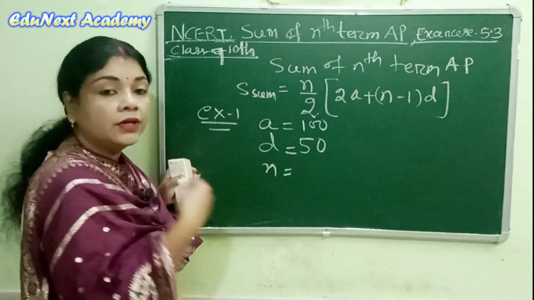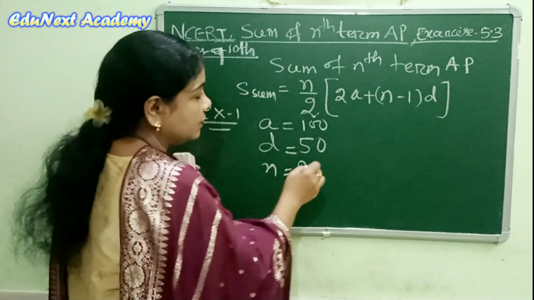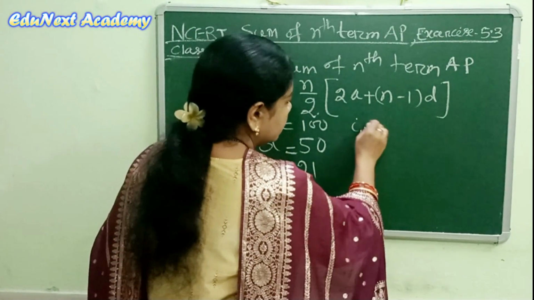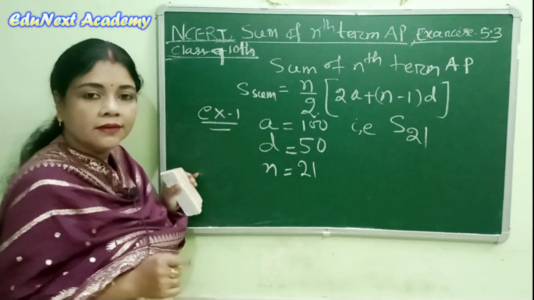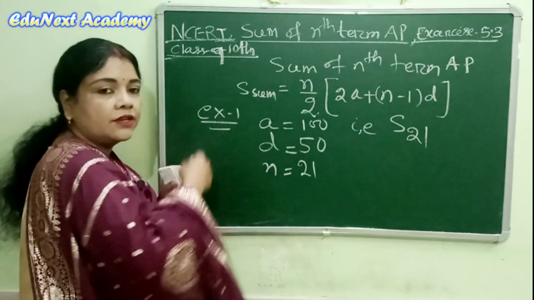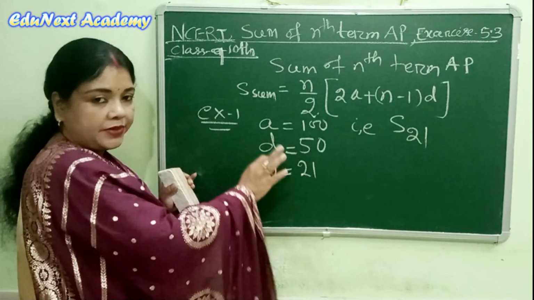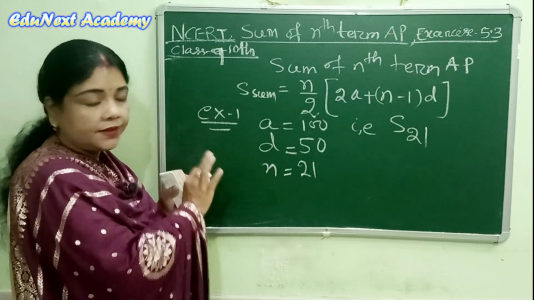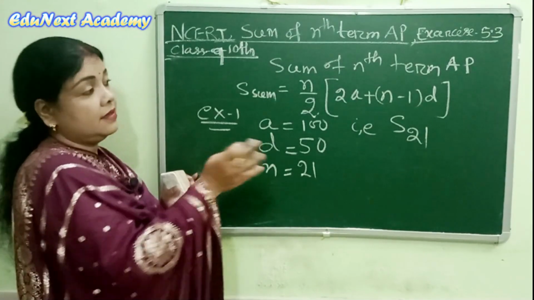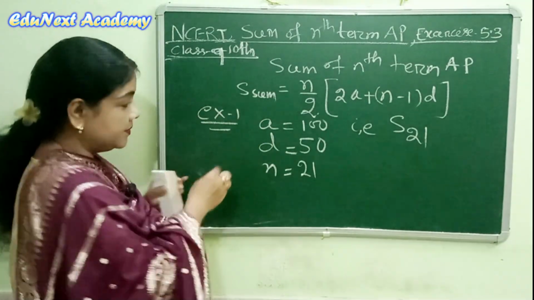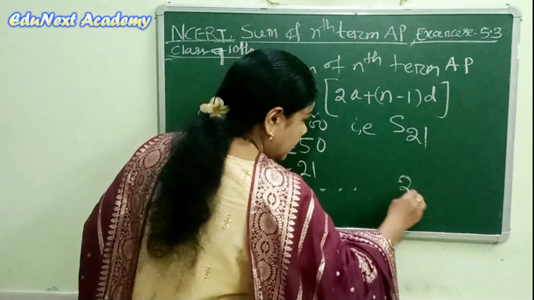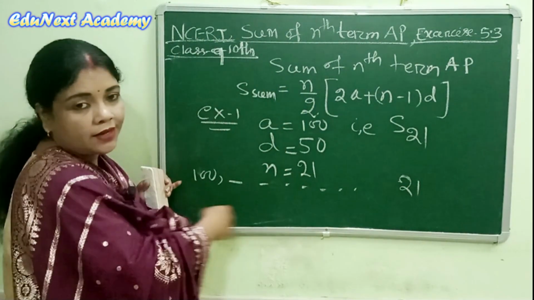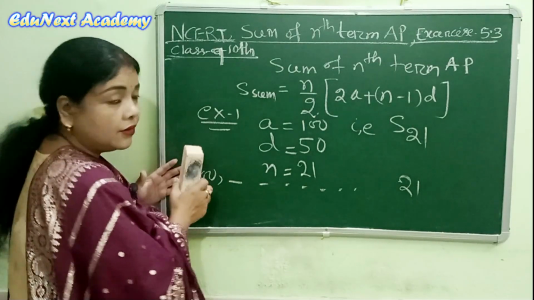That is, n is 21. The first term is 100, d is 50, the common difference between consecutive terms, and we have to sum all 21 terms. So how to do this?